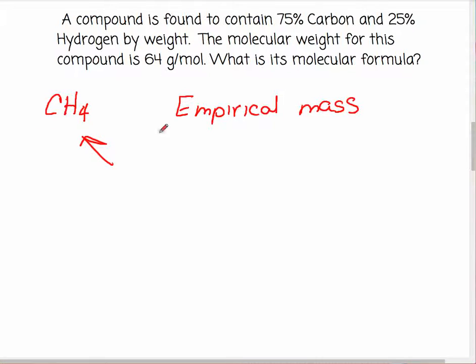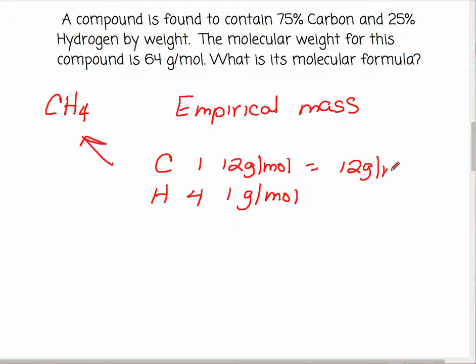We've got carbon, there's one of them, and it weighs 12 grams per mole. We've got hydrogen, there's 4 of them, at 1 gram per mole apiece. So 12 grams per mole plus 4 grams per mole. All I did was multiply 4 times 1, got 4. So 12 plus the 4 gives us a total of 16 grams per mole.